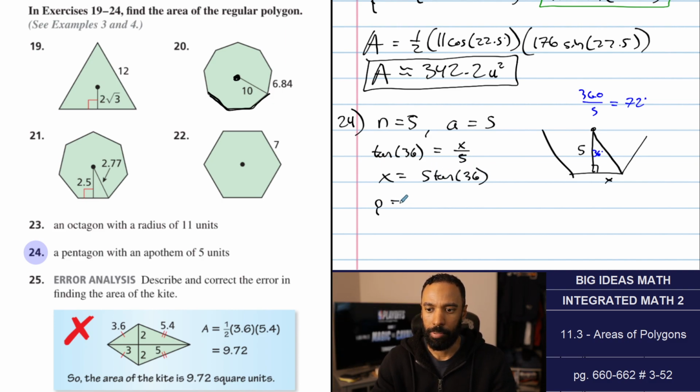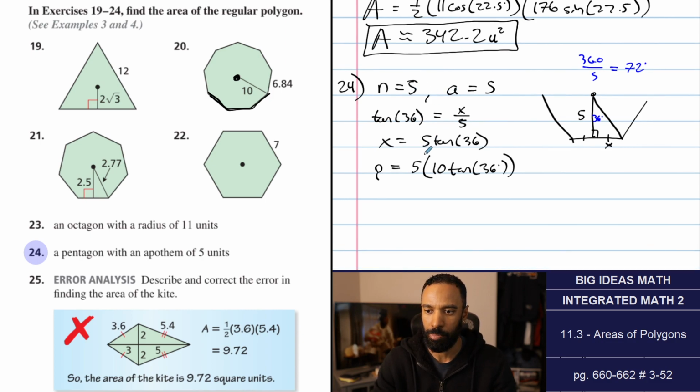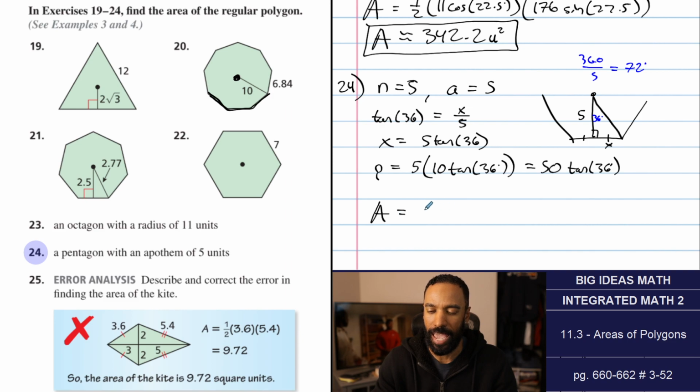Let's go faster this time. For the perimeter, we're going to do 5 times double 5 times the tangent of 36, so 10 times tangent of 36. X is just half of this part, two of these, boom, doubled is 10, and then 5, the number of sides, gives the perimeter. So we have an apothem of 5, a perimeter of 50 times tangent of 36 degrees, and now we're going to be able to find the area with that. We'll do 1/2 apothem times perimeter.